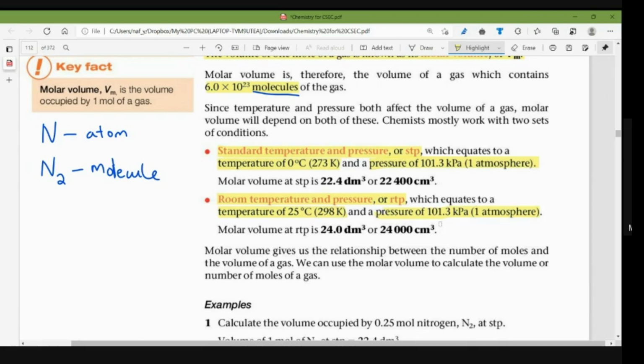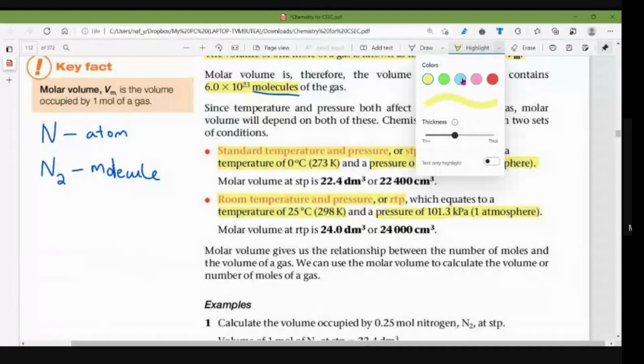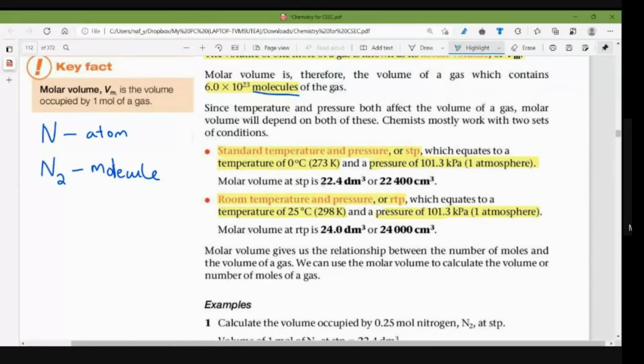Now, this is what they're saying. If the condition is standard temperature and pressure, STP, then 1 mole of any gas will occupy a volume of 22.4 dm cube.